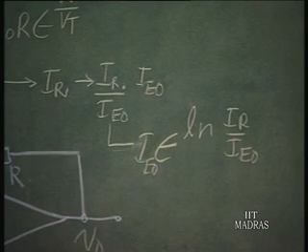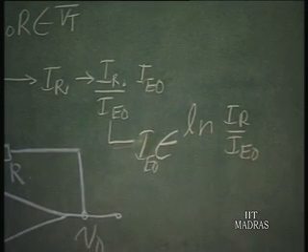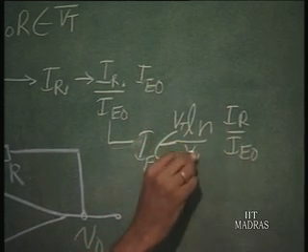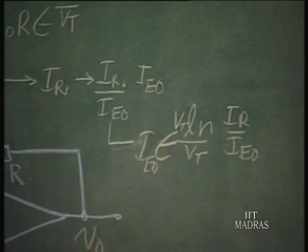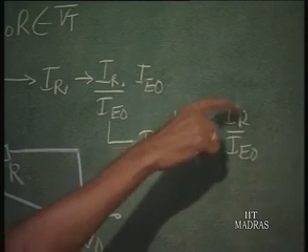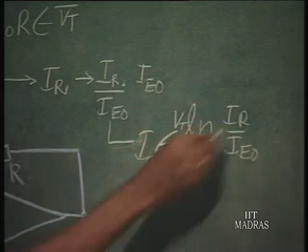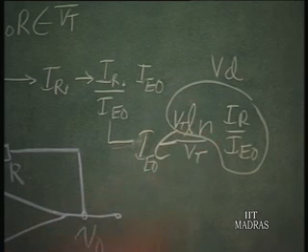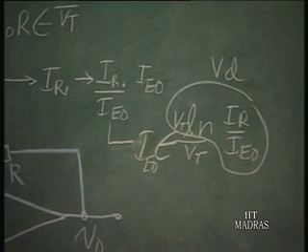Now, this thing can be done by multiplying by Vt and dividing by Vt here. Actually, Vt log IR by IE naught is the voltage drop across a diode which is biased by a constant current of IR.